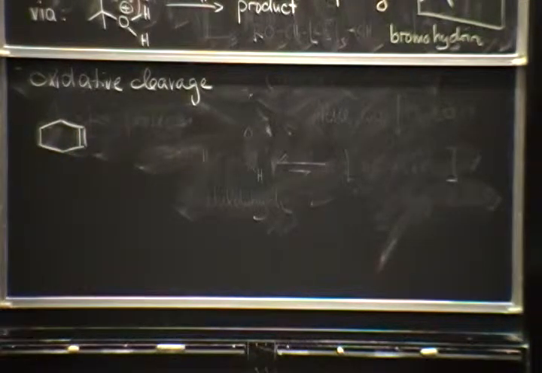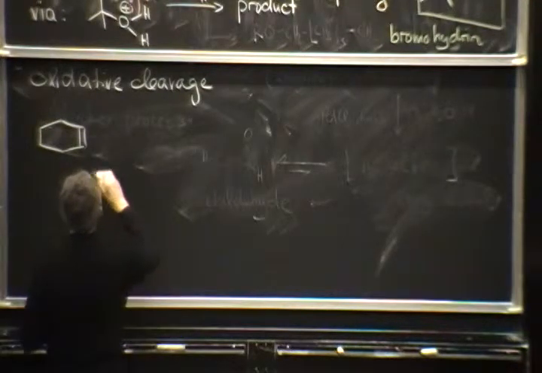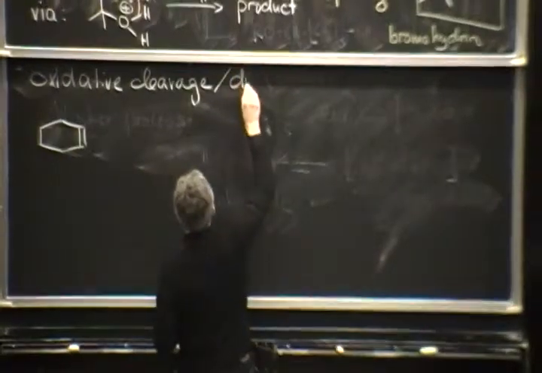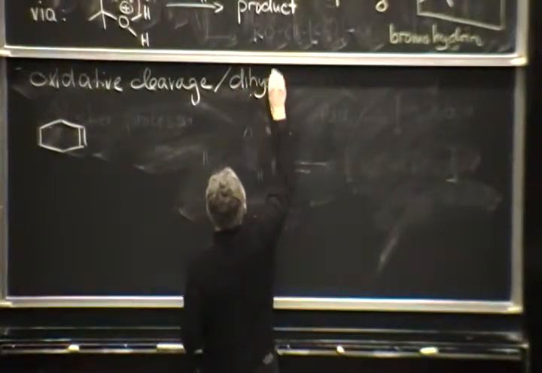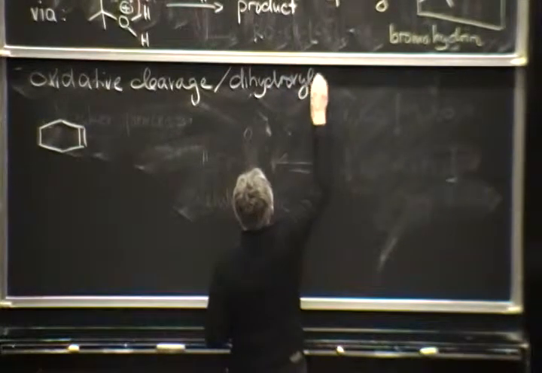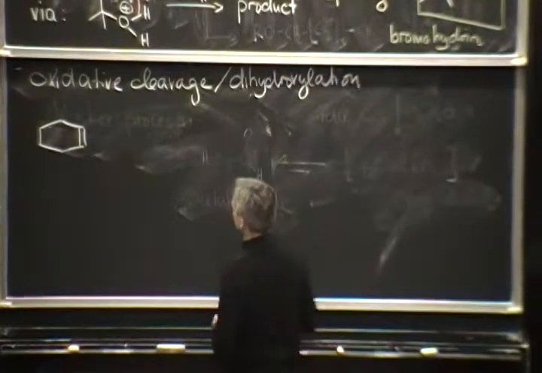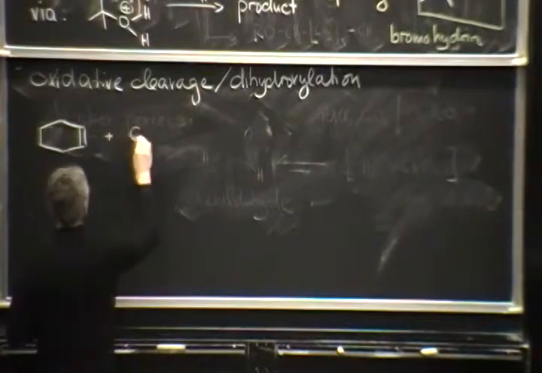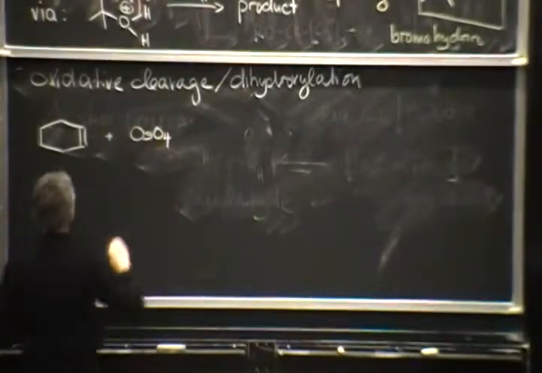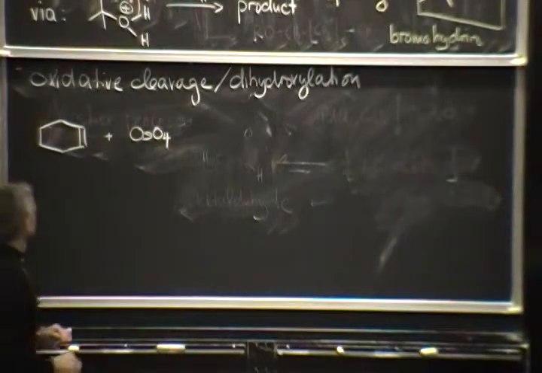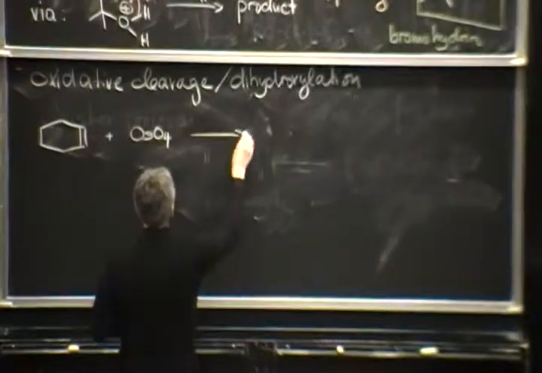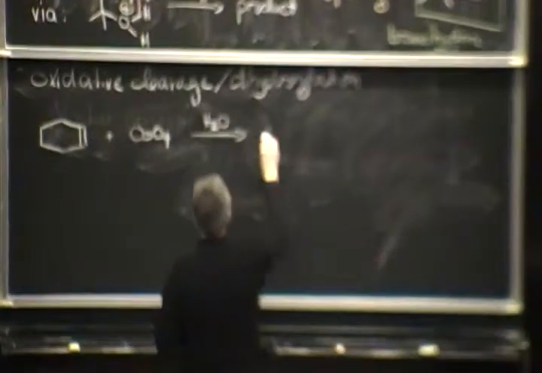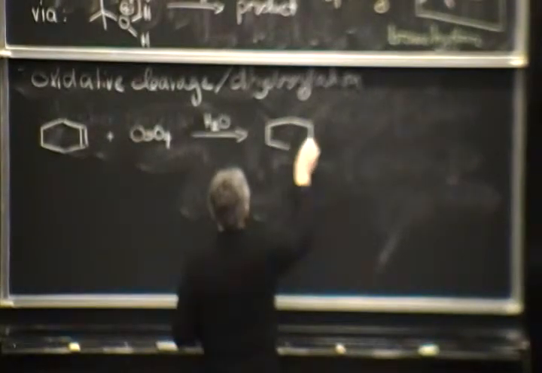So let's start again with cyclohexene and introduce one reagent that leads to dihydroxylation. So we'll actually start with a dihydroxylation reaction. Kind of the first process here. And for that we'll introduce a new reagent, and that reagent is osmium tetroxide. So osmium tetroxide, usually in the presence of some water, we'll see why in a minute, leads to syn-diol formation.